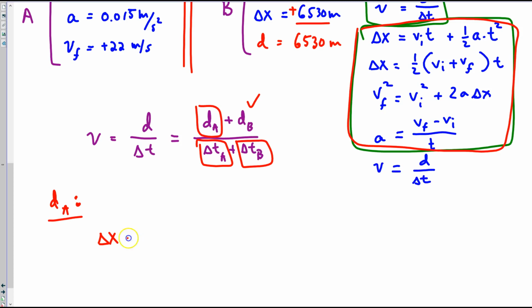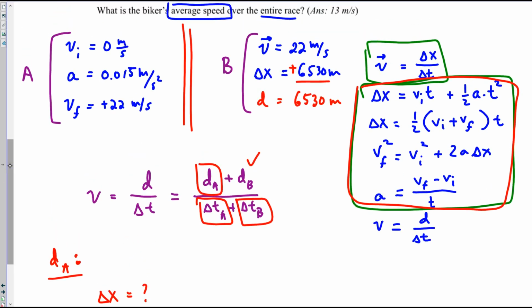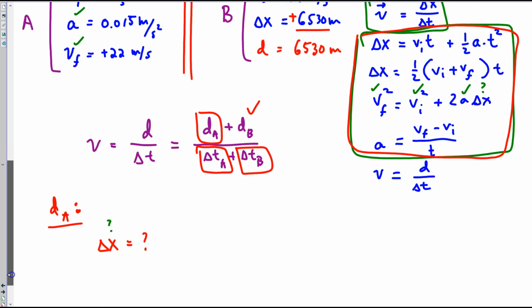So which equation can I use to find displacement? Well, remember that we know velocity initial, velocity final, acceleration, and we're looking for delta x. So let me see. Velocity initial, velocity final, we know acceleration. Here's the equation with one unknown. Let me write that down and use that.